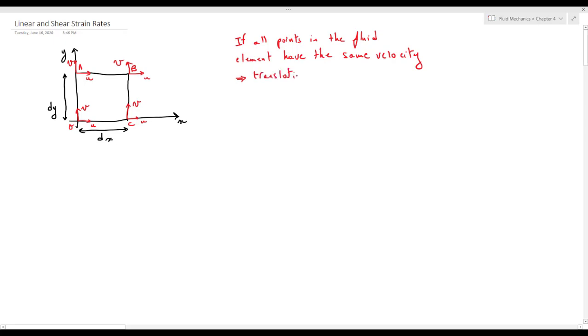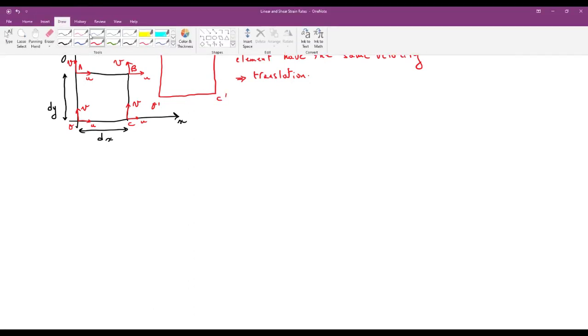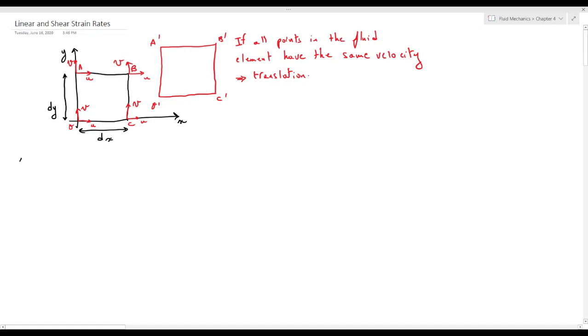So the fluid element will be translated from one location to another. Here we are sketching during an interval of time dt. So this is the new position. Of course it is exaggerated in order to show the new location of the fluid element. So there is no deformation, only translation from one location to another.